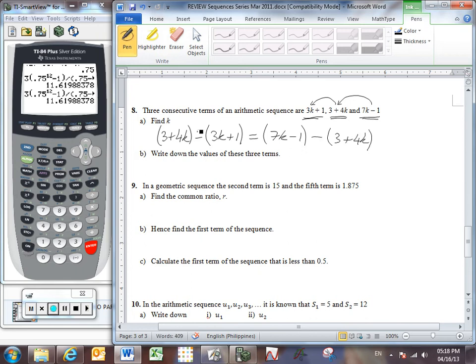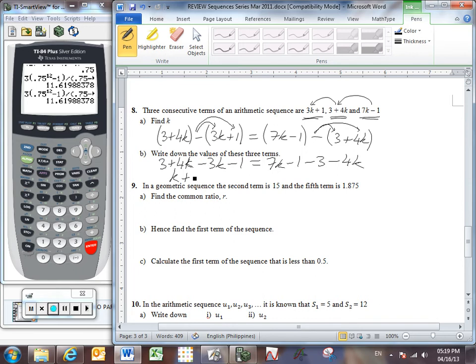Now, my minus must distribute to both parts in each side of the equation. And so my next line becomes 3 plus 4k minus 3k minus 1 equals 7k minus 1 minus 3 minus 4k. I'll simplify each side now.